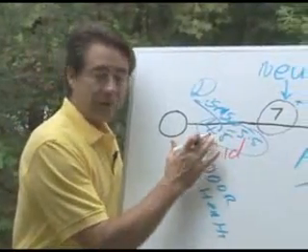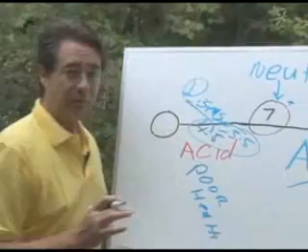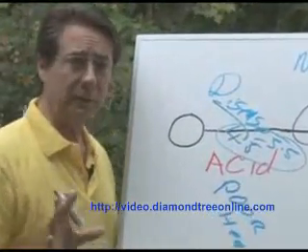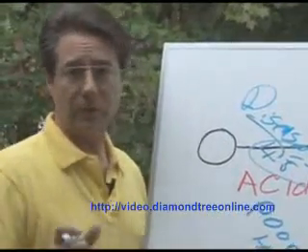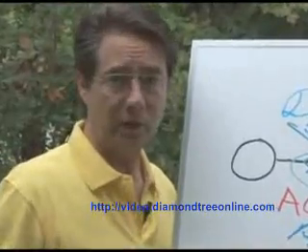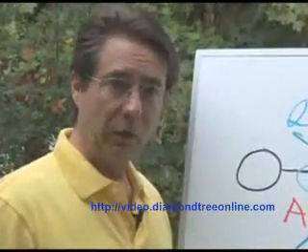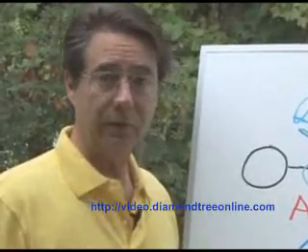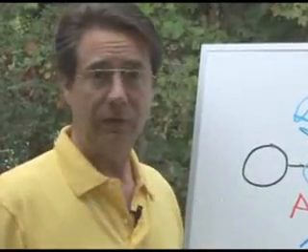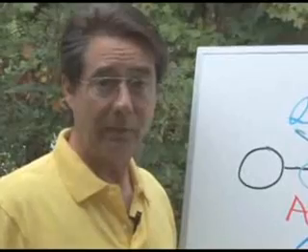Now, this, talking about 4.5 to 5.5, was explained completely in the 1930s by a German research scientist by the name of Dr. Otto Warburg. Dr. Warburg was awarded 3 Nobel Prizes because he discovered that cancer and chronic diseases do not live in an alkaline body.